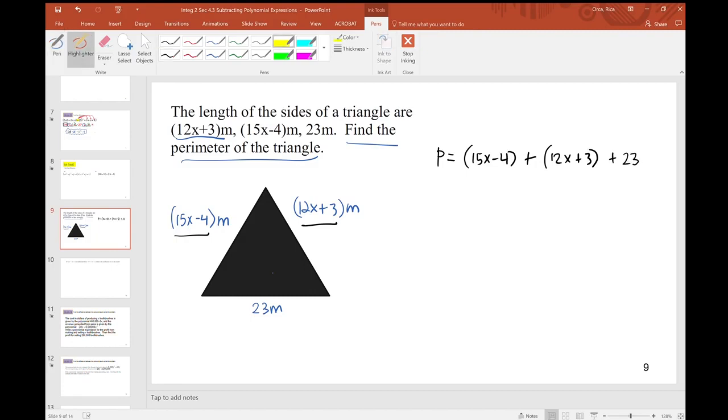Now I want to combine like terms, and because we're adding, all we need to do is drop the parentheses and add. So we have 15x minus 4 plus 12x plus 3 plus 23.